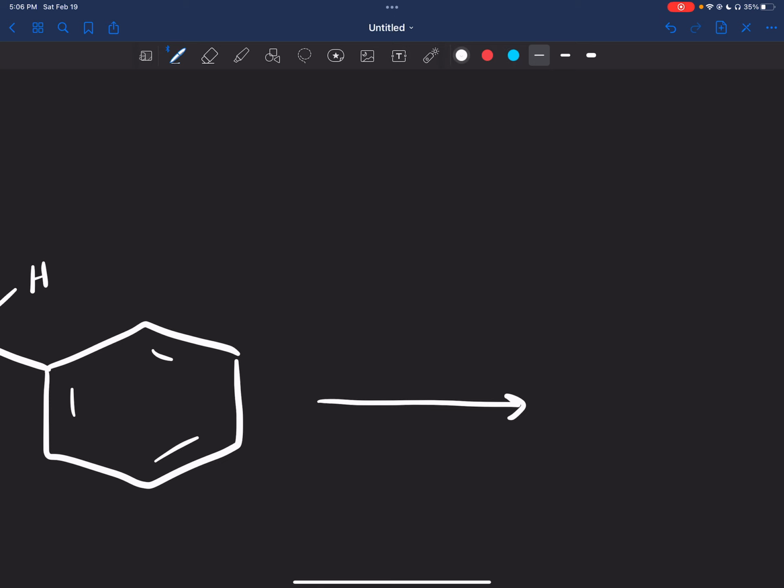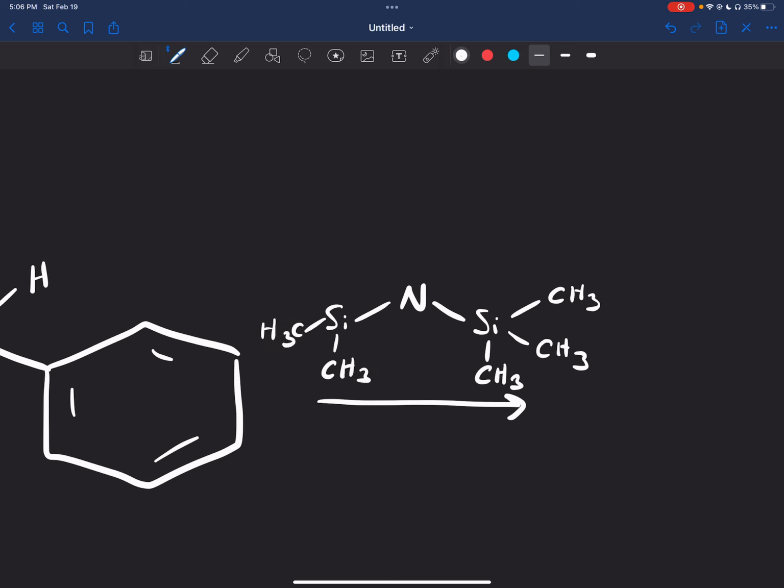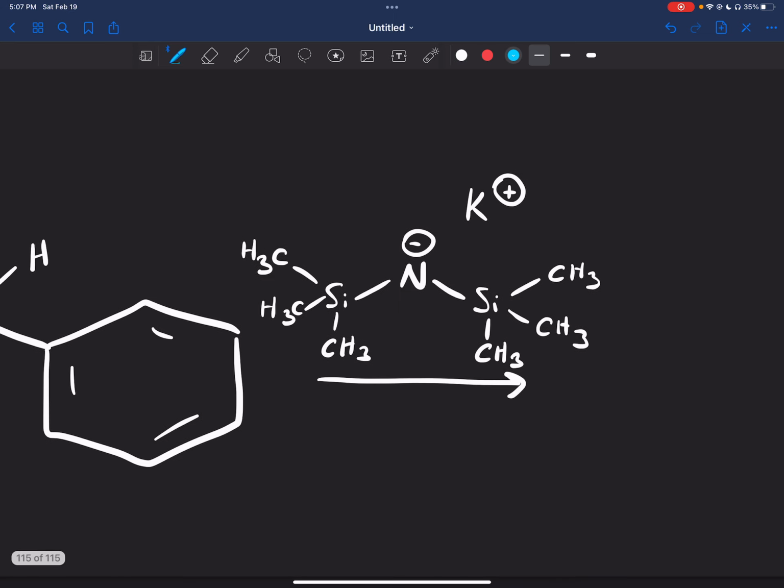But the structure of the base looks like this. And usually there's a K plus floating around because it is a salt. Looks complicated, but this is just called KHMDS.